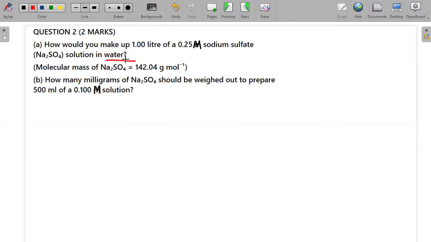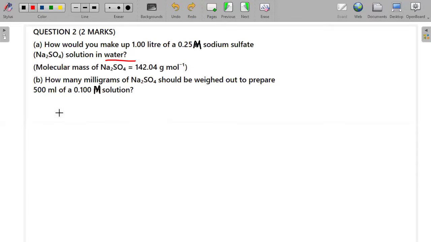I think I made a typing error here. This one has to be a capital letter M, and even this one has to be a capital letter M. So they want us to explain how we can make up 1 liter of this concentration. They're simply asking us to find the mass of sodium sulfate that is required for this concentration to be made.